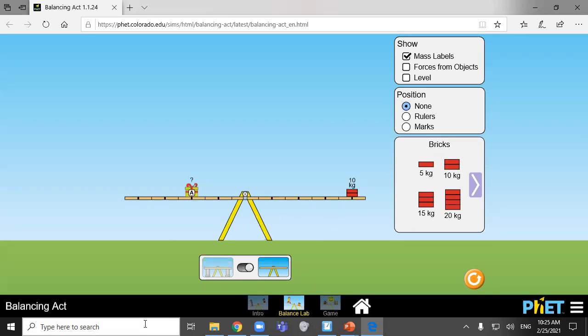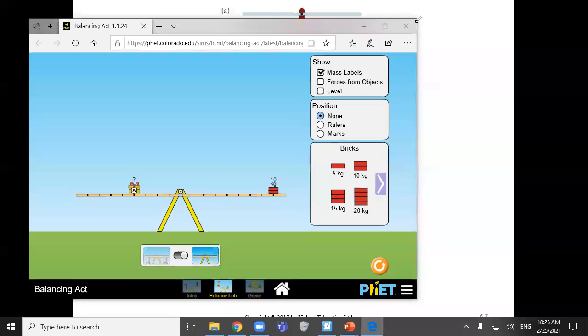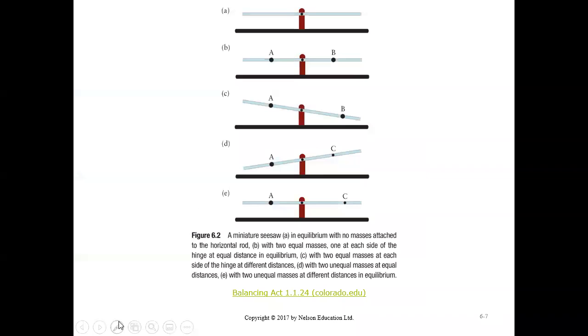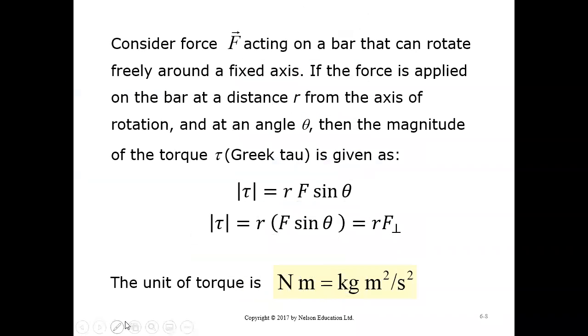Okay, right. I have given the link there, so you can play with that on your own time. So let's move on. Now let's define properly, mathematically, what this torque is exactly equal to.